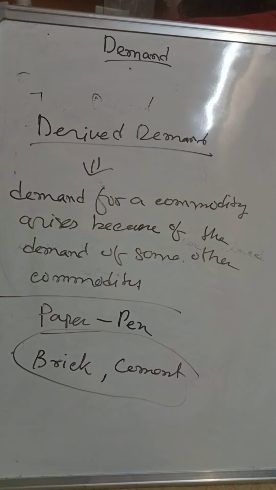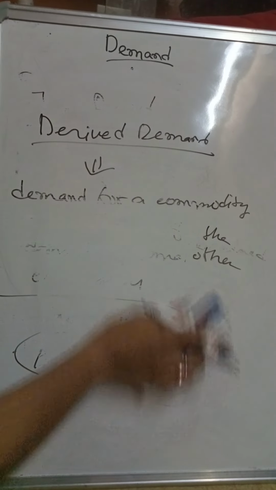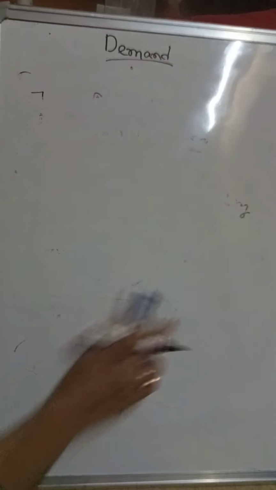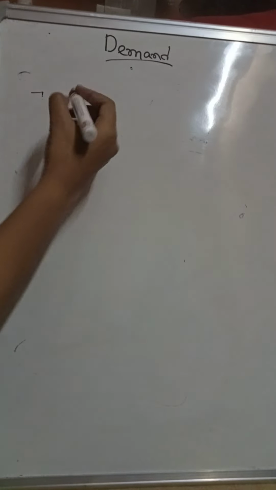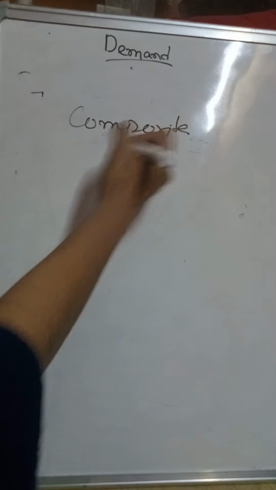And the last one, which is not so important, is composite demand, that is demand for a good which has multiple uses. A good which has multiple uses is known as composite demand. A very good example of composite demand can be milk, because milk is used in many alternatives.